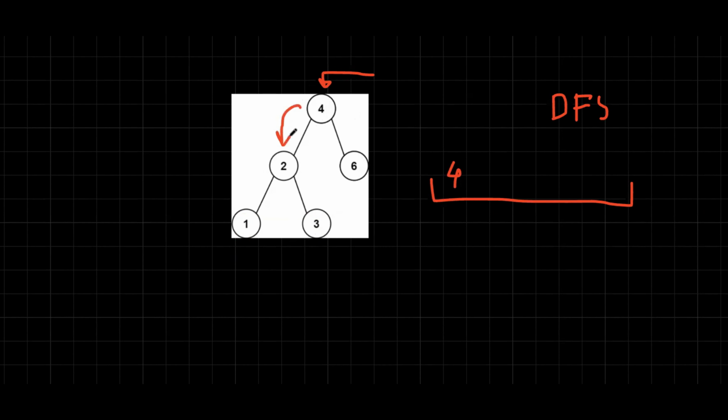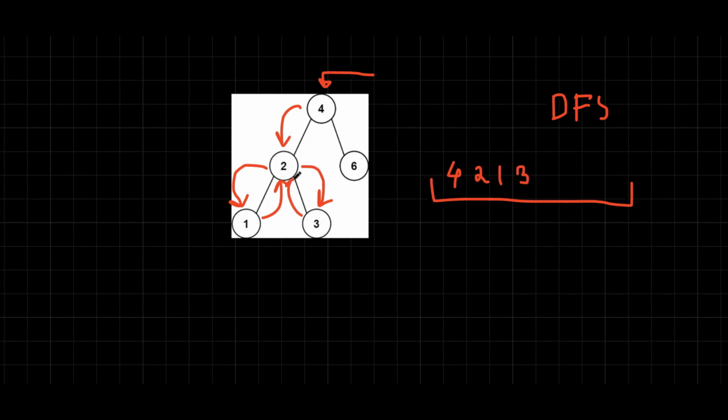From 4, we will go to the node 2, we will store 2 here. From 2, we will go to 1, so 1 will be stored here. From 1, we will go back to 2, but 2 is already visited, so we will go to 3. Now, the value 3 is stored here.